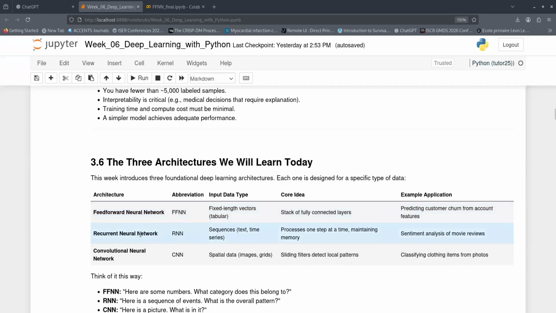Then you have the recurrent neural network, which we call RNN, used for sequential data like textual data, time series, or longitudinal data. The core idea is to process one step at a time, maintaining memory. An example is sentiment analysis of movie reviews.